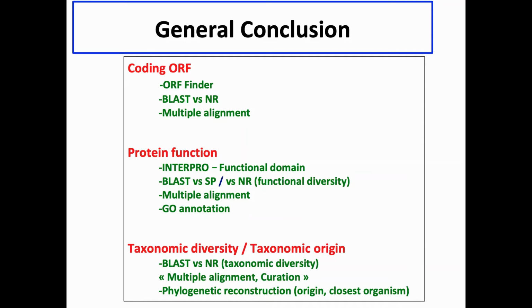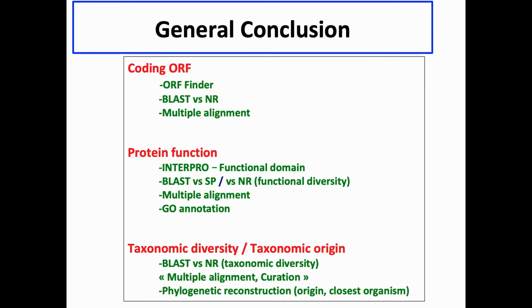I mean, give the features of your open reading frame, get the protein function, and then get the taxonomic diversity and the taxonomic origin of your family. It's okay? For each of that, you have several tools you use. Okay? As you can see, for coding open reading frame, you have ORF Finder, BLAST again, NR, and multiple alignment.